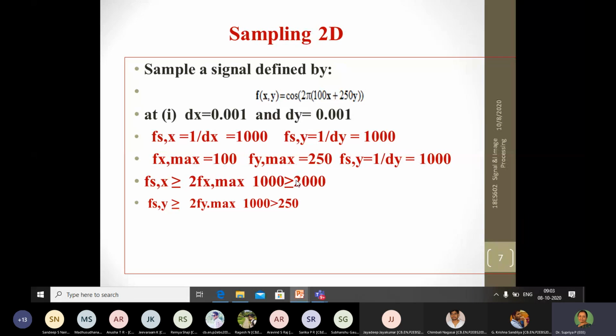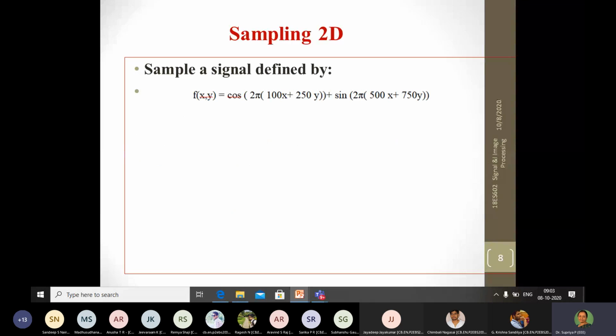So considering this, we have 1000 is greater than 200, and here 1000 is greater than 500. So the solution is obtained, which means Nyquist criteria is satisfied. Thus, we have a case where the image is satisfying the Nyquist criteria.